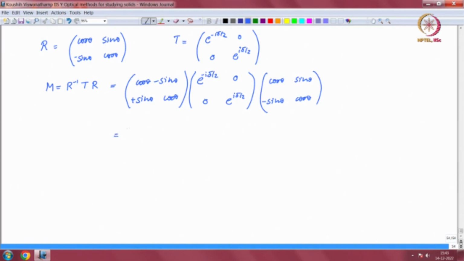And if you open this out and take the real part, imaginary part, e to the power I delta by 2 of course is cos delta by 2 plus I sin delta by 2. If you use that and you do a little bit of algebra on a good sunny day, then you will get something that looks like this. The exact form, the plus and minus signs are not that critical at this point, but where the sines and cosines go are obviously critical.